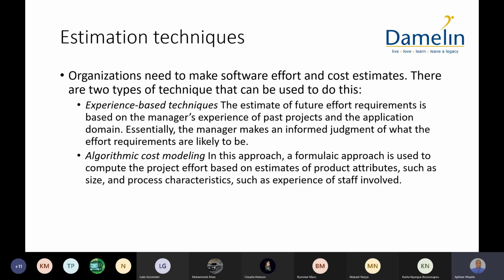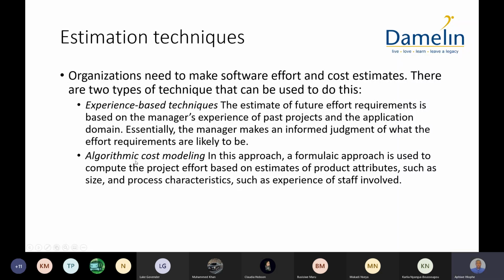You've done it so many times, you know that for this particular project, this is how much time is going to be taken in terms of person hours, so this is how much we should price it, okay? The estimate of a future effort requirement is based on the manager's experience of past projects and the application domain. Essentially, the manager makes an informed judgment of what the effort requirements are likely to be.